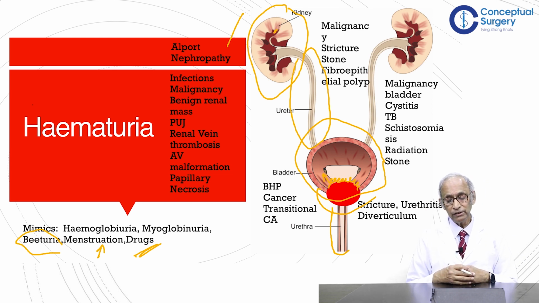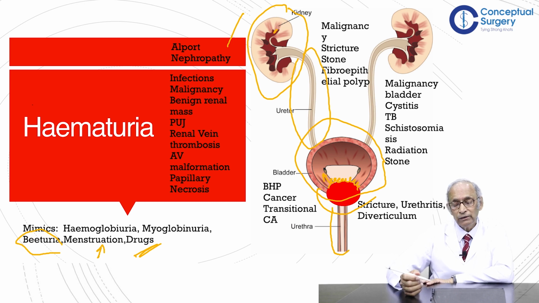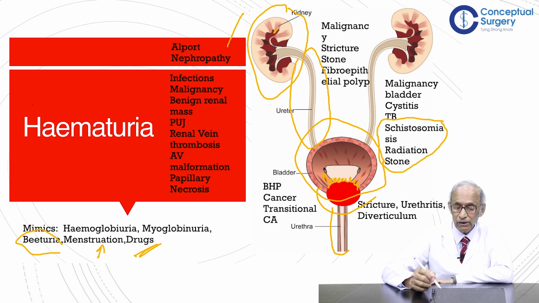So these are multiple causes for hematuria. And there are one or two conditions which I didn't yet talk about. One is schistosomiasis. Schistosomiasis is not very common in India and is most common in the Middle East, and this is one of the reasons for hematuria.